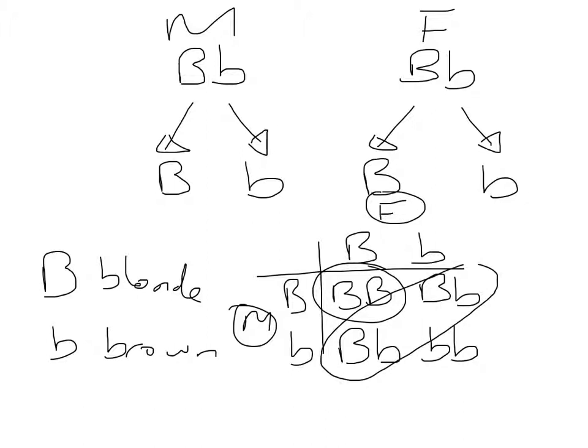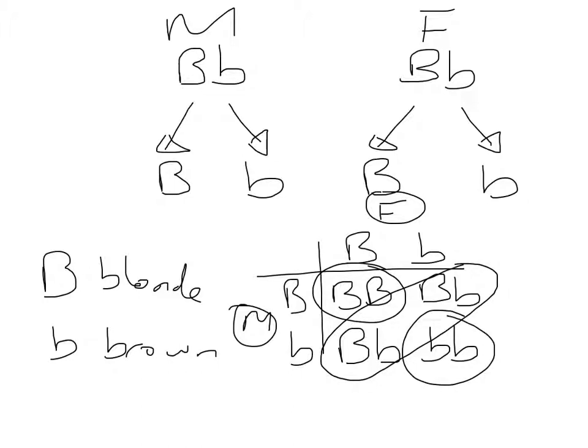These two, big B, little b, are heterozygous. They have one big B allele and one small b allele, so one allele for blonde hair, one allele for brown hair. If you remember, the blonde allele is dominant, so it's always shown. This means these two individuals will also have blonde hair.